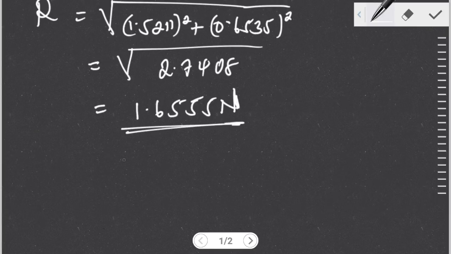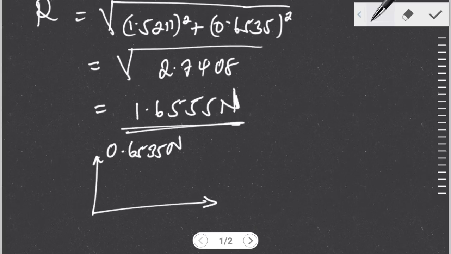I come here and say that in the y direction and the x direction I was having, for example, 0.6535 Newton, and then moving downwards in the x, 1.5211 Newtons. So after getting that, the resultant will appear around here.